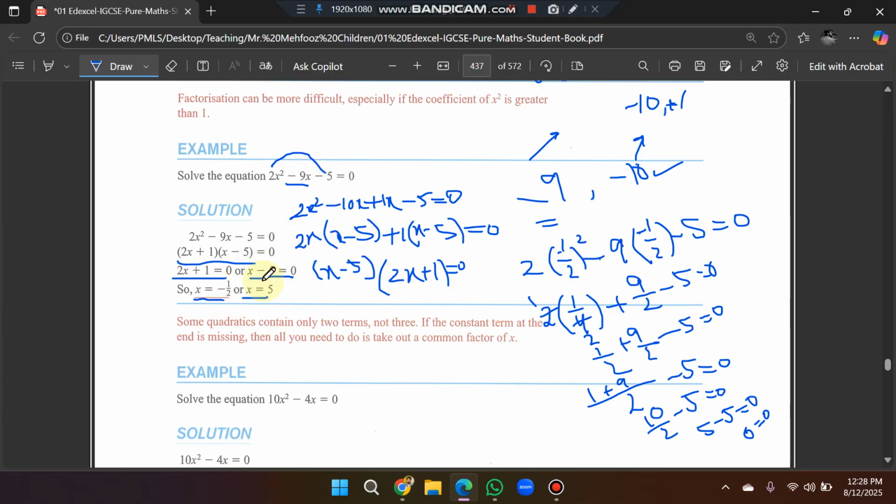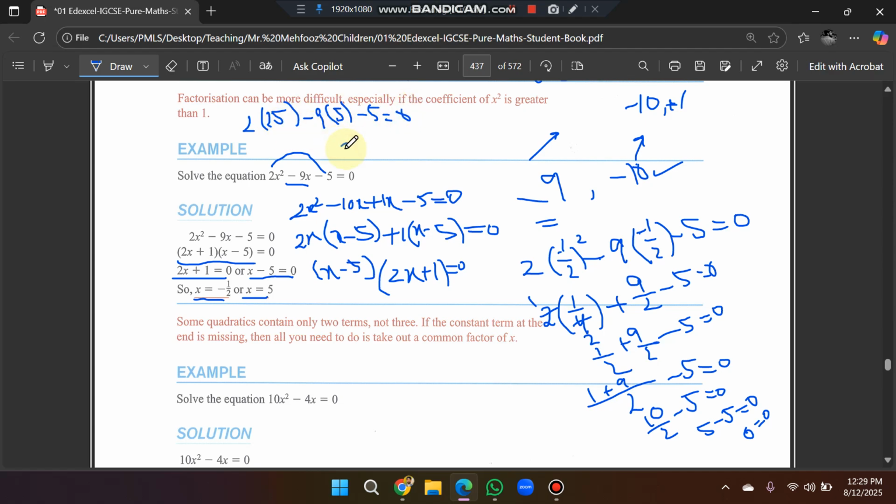Now for x is equals to 5, when we put x is equals to 5, it means that 2 times 5 square is 25 minus 9 times 5 minus 5 is equals to 0, right?